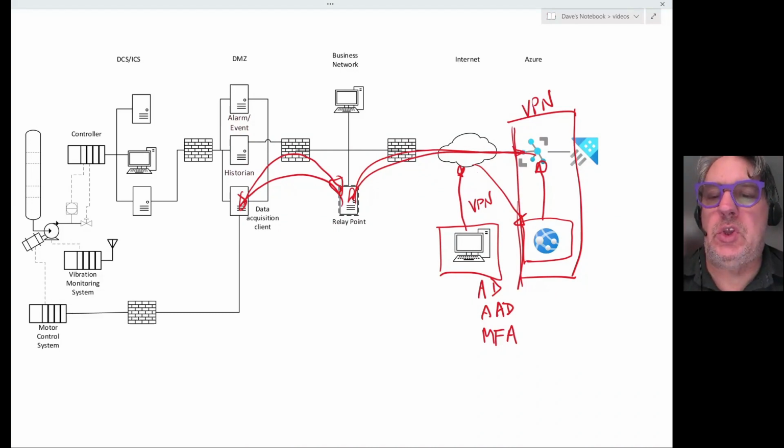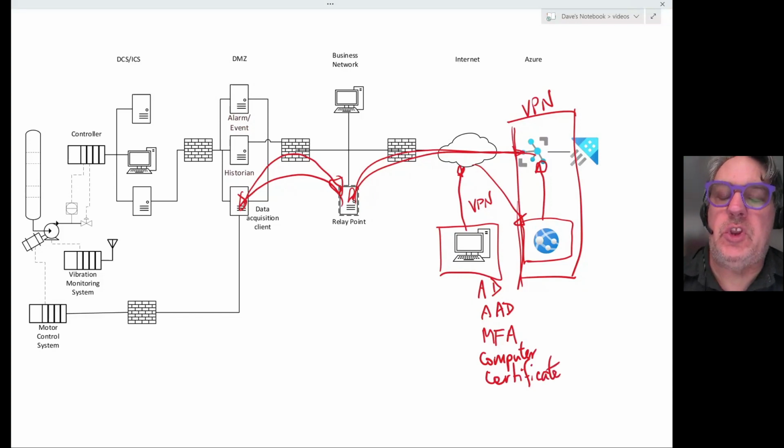So what we do is we use some network best practices with Azure to make it so that the user here, and we can even go so far as to put a certificate on the computer so that the computer itself is authenticated.